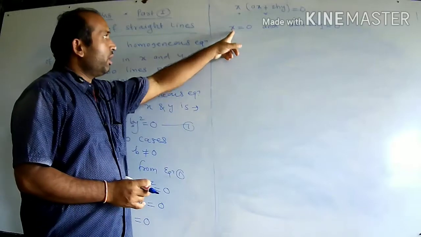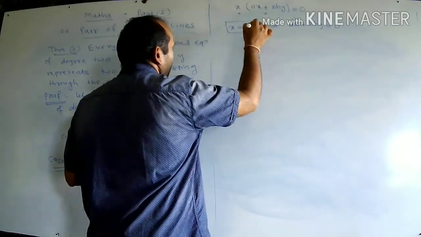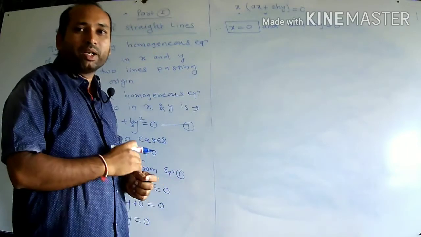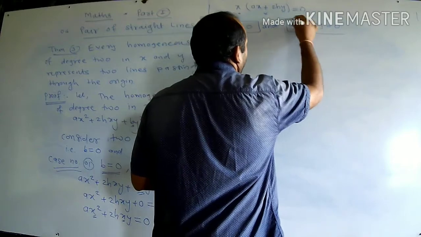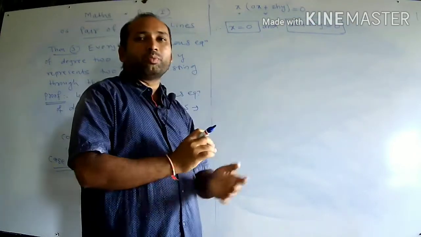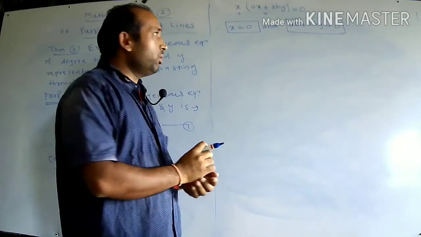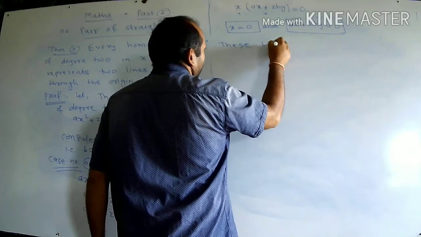See these two equations carefully. Here x equal to 0 is the equation of y-axis, that means it passes through the origin. Then see the second equation, there are only two terms, constant term is absent, that means this line also passes through the origin.